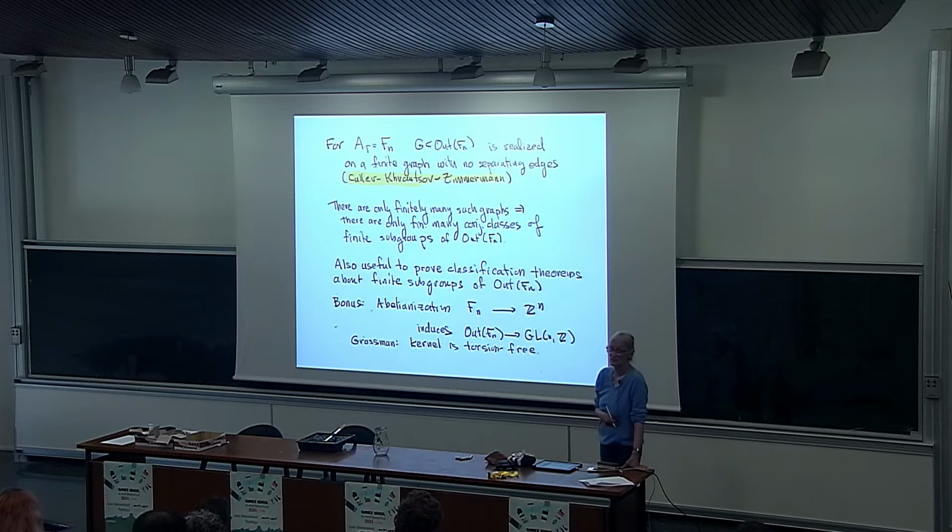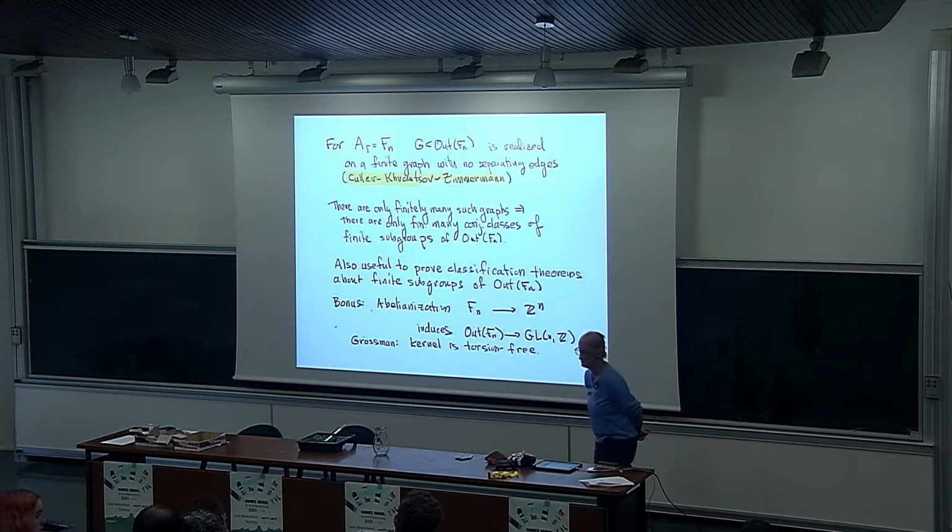Now, there's only finitely many graphs with no separating edges and a given fundamental group. So that implies that there's only finitely many conjugacy classes of finite subgroups of Out(Fn). So the fact that I want to prove is true for Out(Fn).